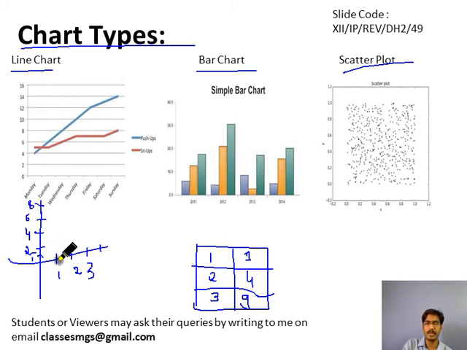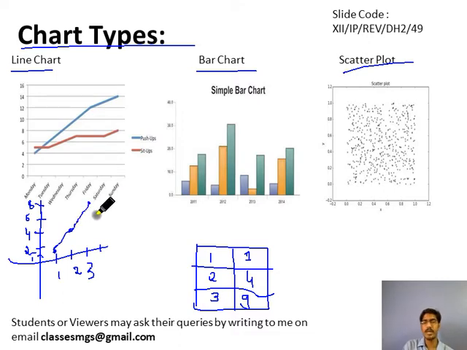Now what is the square of 1? The square of 1 is 1. What is the square of 2? The square of 2 is 4, so it will be marked here. What is 3? The square of 3 is 9, so it will be marked here. So something like this, the line chart will be drawn.